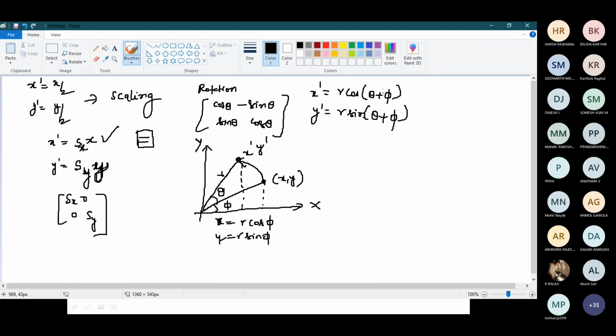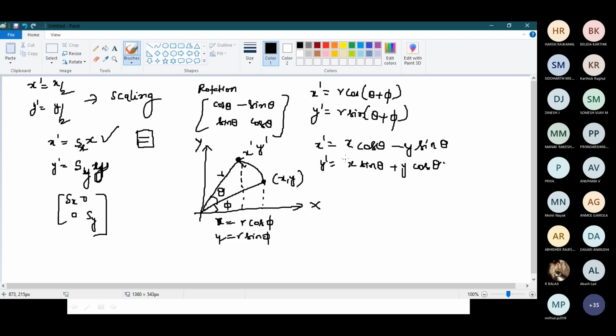This is in the form cos of A plus B, and this is in the form sin of A plus B. If you substitute further, you will get x prime is x cos theta minus y sin theta, and y prime is x sin theta plus y cos theta.